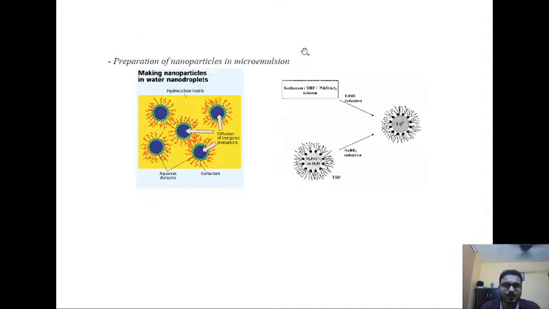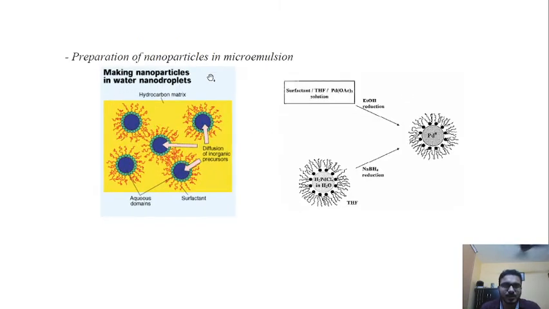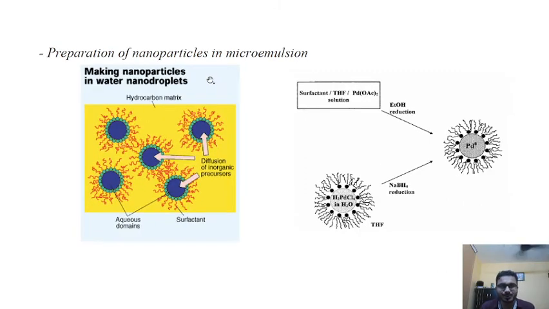Then we have preparation of nanoparticles in microemulsion. Here it can be seen that we are making nanoparticles in water nanodroplets. This is the hydrocarbon matrix, and inside it we have diffusion of inorganic precursors. These are the surfactants which can be seen on the outer periphery, and these are the aqueous domains.